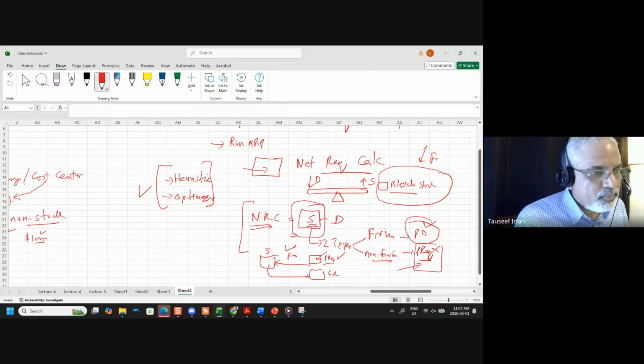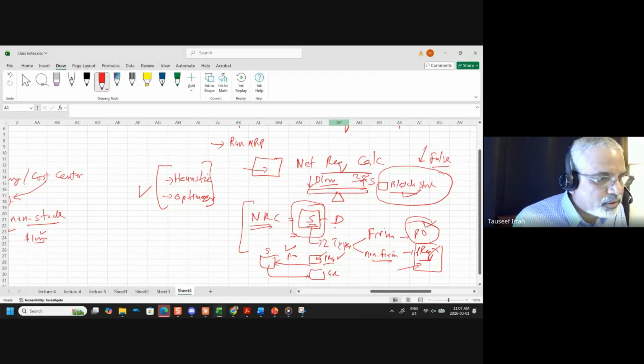And if I have a false supply, now my demand is 1000 and my supply, including the blocked stock, is 2000. And I say, oh, that's good. I don't need to issue any, because ultimately what will happen once you do the net requirement calculation? What does MRP do?